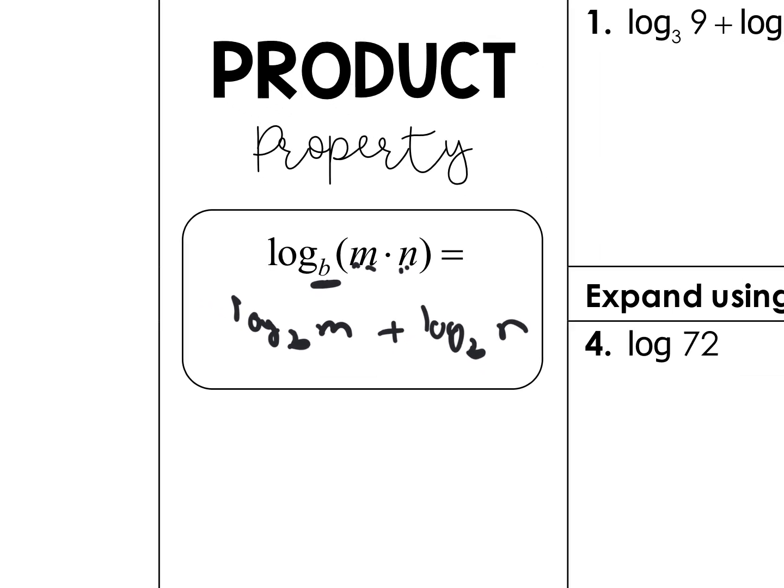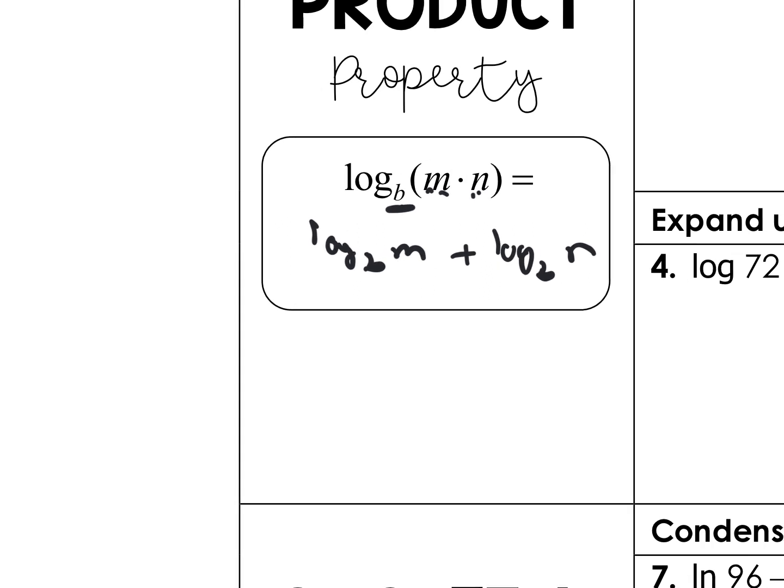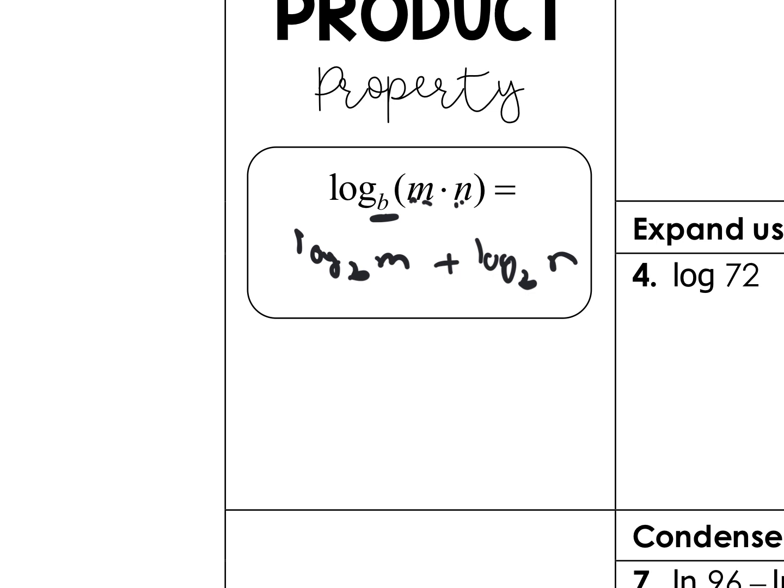So, this is called a product property. I'm going to explain to you why this is true. Do you remember what I said to you? That the answer to a log is always an exponent? Remember? The answer to a log is an exponent.